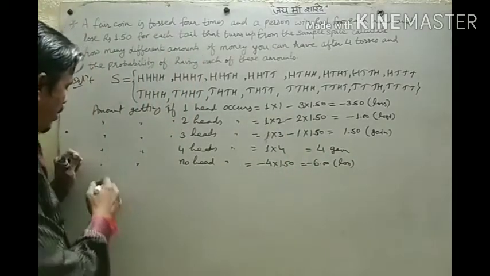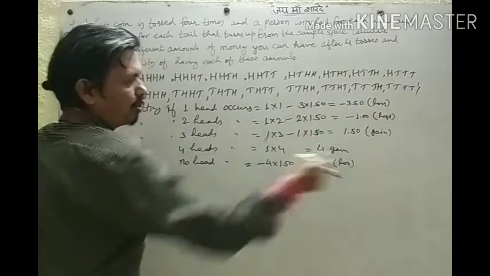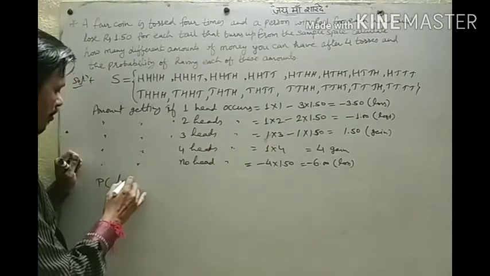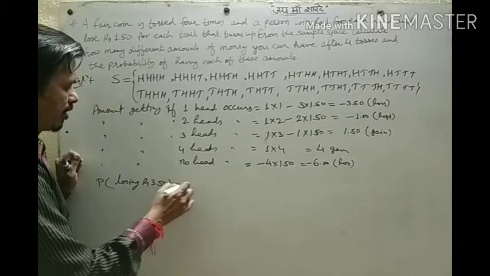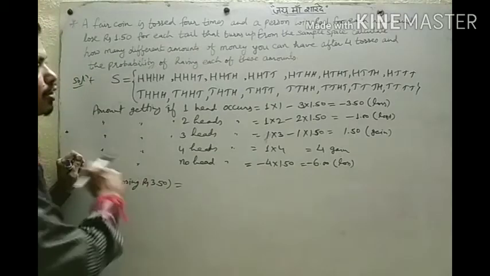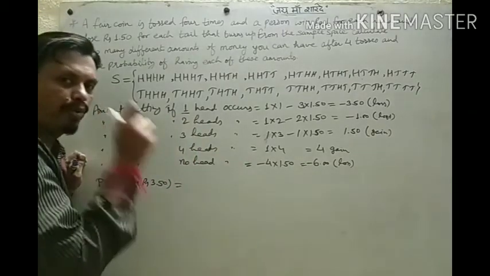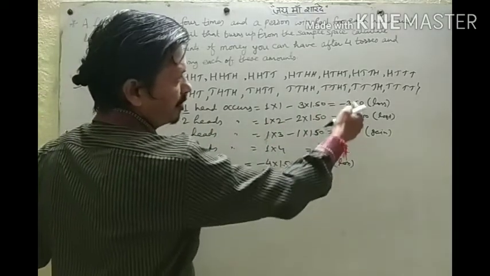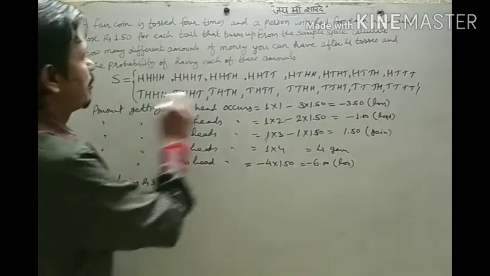Okay? Now we need the probability for these amounts. The probability of losing 3.50 rupees is the same as the probability of getting 1 head. 1 head occurs how many times?